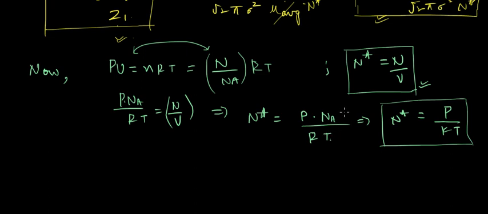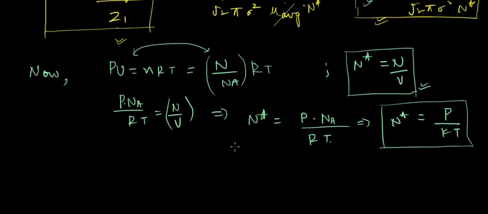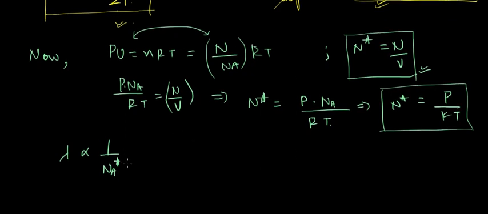As we saw, mean free path can be written as 1 upon root 2 pi sigma square times n star, so it is inversely proportional to n star.